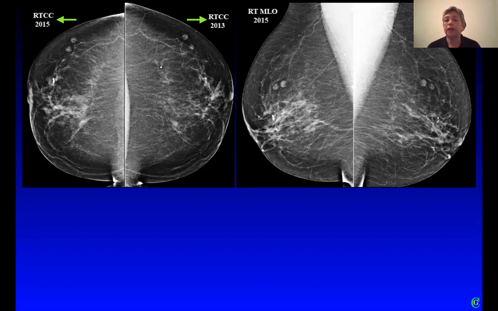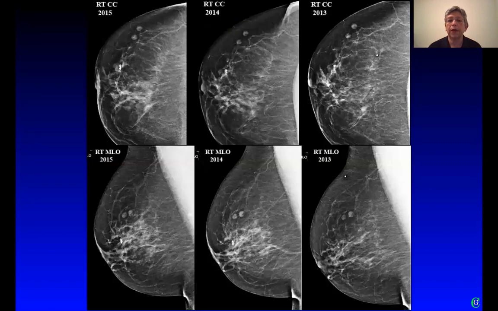And similarly on the MLO views, it becomes a lot easier to establish that this in fact is developing parenchymal asymmetry. You again want to make sure that there's no history of estrogen use, no history of tamoxifen, no clinical symptoms to suggest a mastitis, etc. But if you're left with nothing else, this needs to be further evaluated.